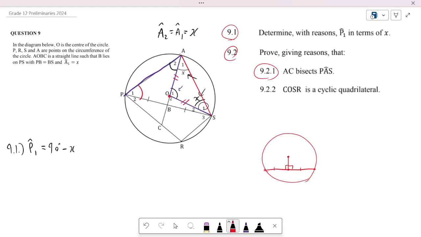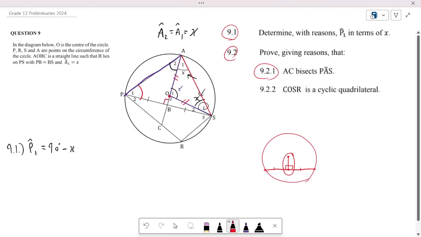And that theorem states that the line from the circle center is perpendicular to the midpoint chord. So it's the line from the center all the way to the midpoint chord over here. So that's what we are mainly talking about here. So AC is intersecting that one, which is basically that line that is a part of the perpendicular line towards PS. You can see it due to our theorem.